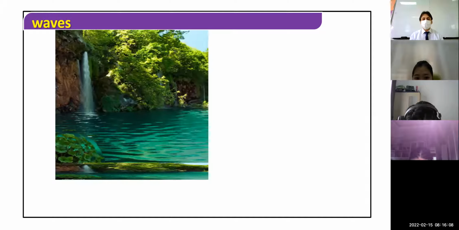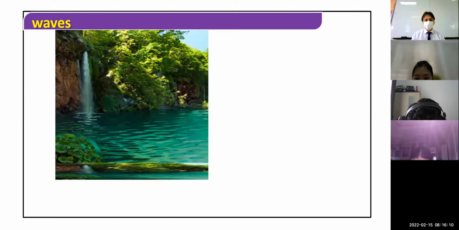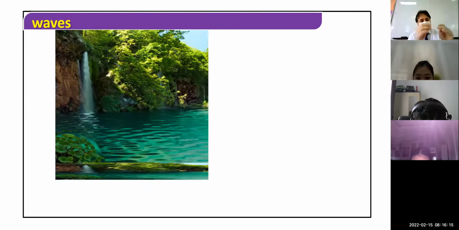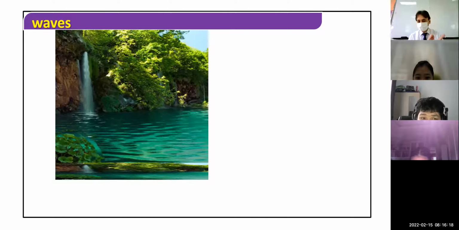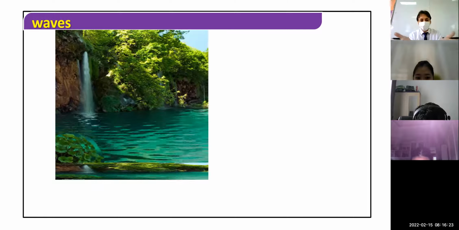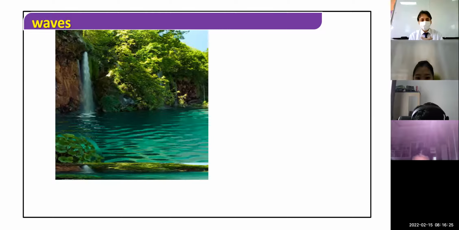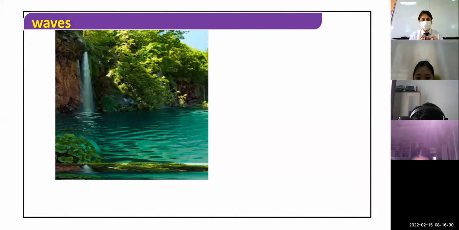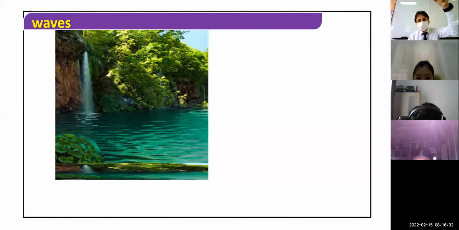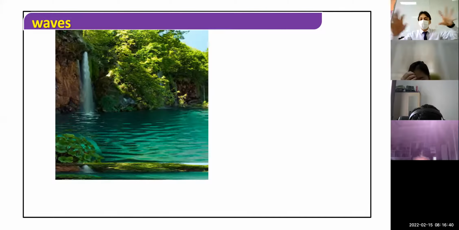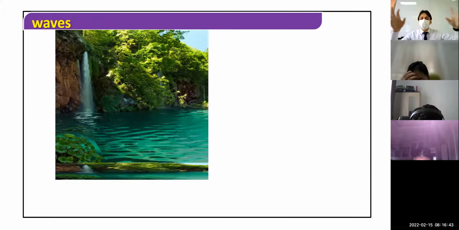Now another picture here. Please look at this picture carefully. Water is falling from a certain height on a pond. In chapter number 4, we discussed different kinds of energy and different kinds of power plants.